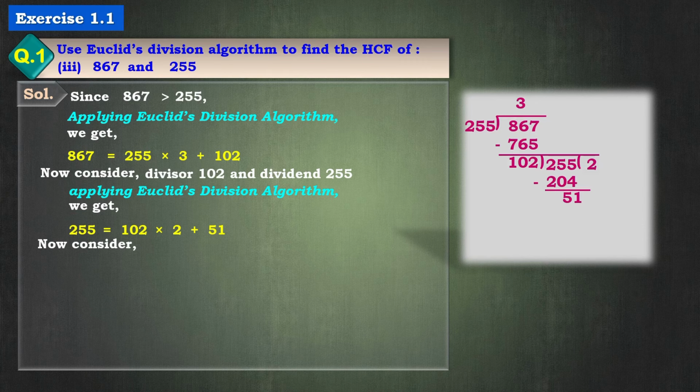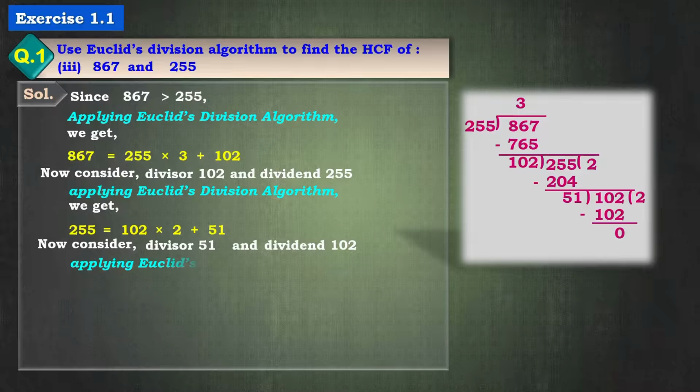Now what do we need to consider? We will consider 51, the remainder, as the divisor, and 102 as the dividend. 51 times 2 is 102. So now the remainder will be 0. Again applying Euclid's division algorithm, we get 102 equals 51 into 2 plus 0.